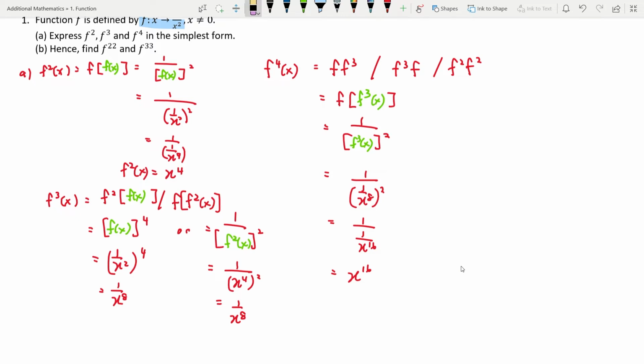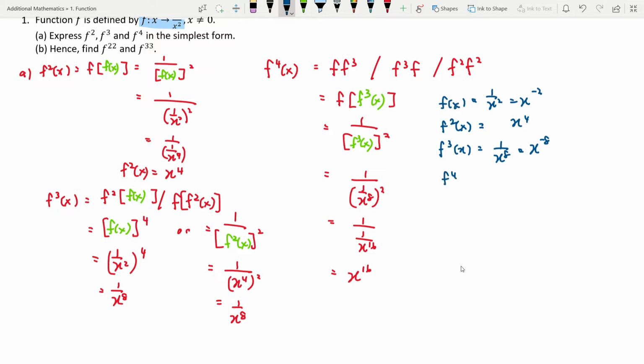Let's make a conclusion from all our findings. For f(x), we have 1 over x squared, which is x to the power negative 2. For f2(x), we have x to the power 4. For f3(x), we have 1 over x to the power 8, which is x to the power negative 8.